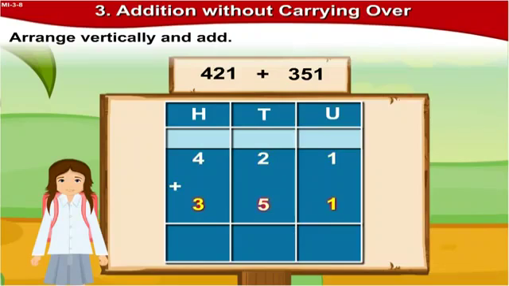Let's begin the addition. 1 unit plus 1 unit is 2 units. 2 tens plus 5 tens is 7 tens. 400 plus 300 is 700. Which means the answer is 700, 7 tens and 2 units. That means 772. Now the next one.